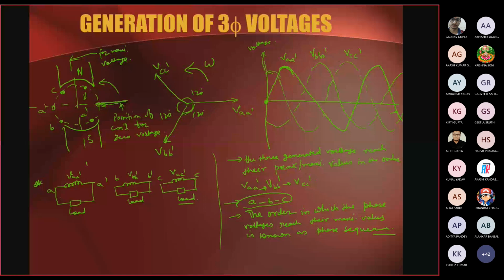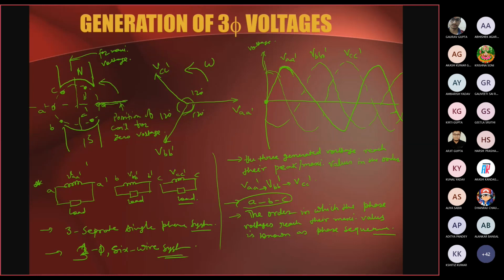This configuration is basically equivalent to three separate single phase systems. Such a system is known as single phase 6 wire, or if we combinedly take this, then this will be a 3 phase 6 wire system.